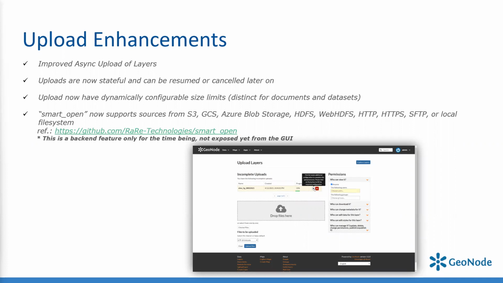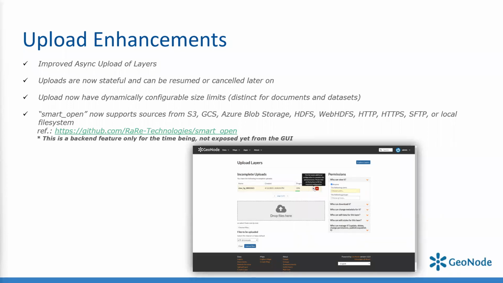The architecture of the upload subsystem has also been improved by using the Smart Open library, which allows us to read data sources not only from the file system, but also from remote systems like S3, Azure, HDFS, HTTP, SFTP, and so on.